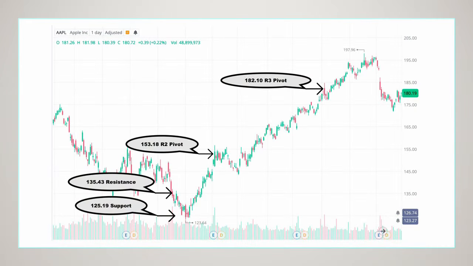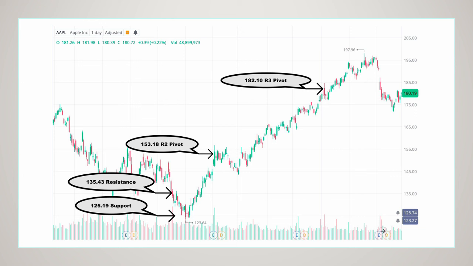Here's an example of support, resistance, and pivot levels. You see the first level at 125.19 support, and then just above it you see 135.40 resistance.